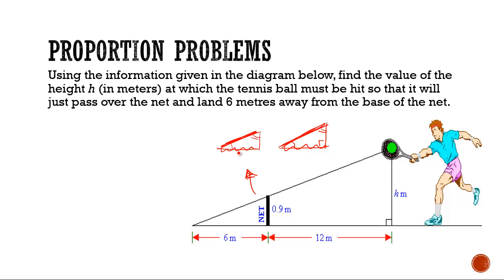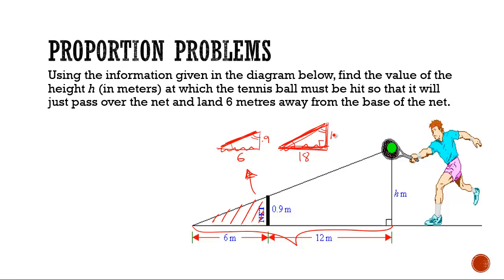This smaller triangle here has 6 for its base and 0.9 as its height. Now if this is our bigger triangle, the second one, this bottom here is actually 12 and 6, so make sure you don't use the 12, you actually make it an 18.